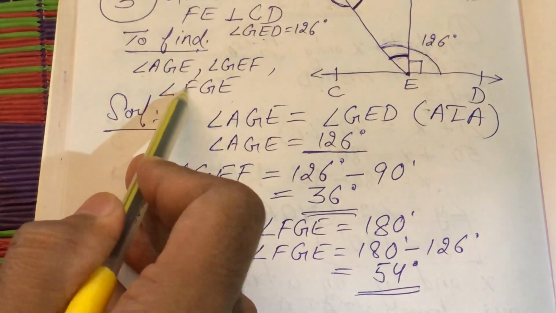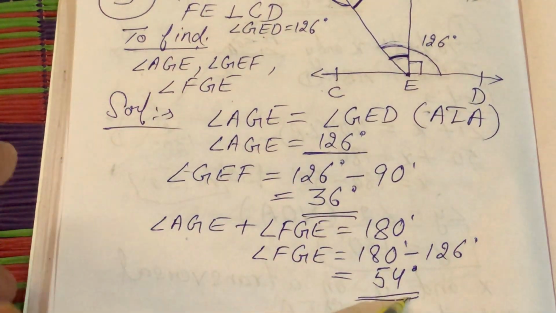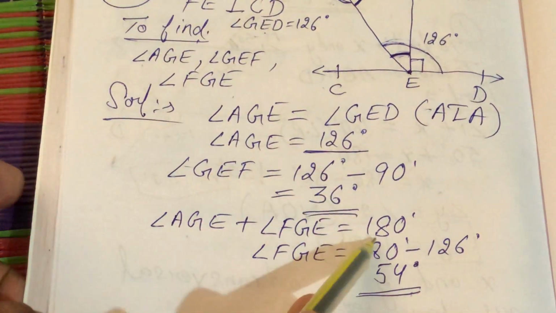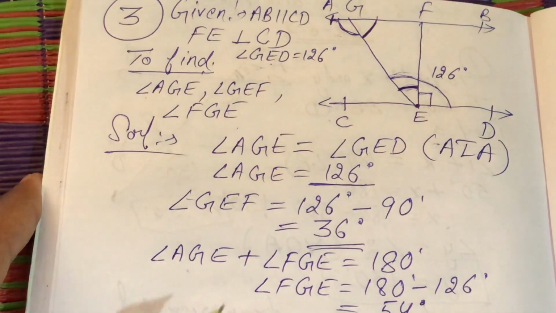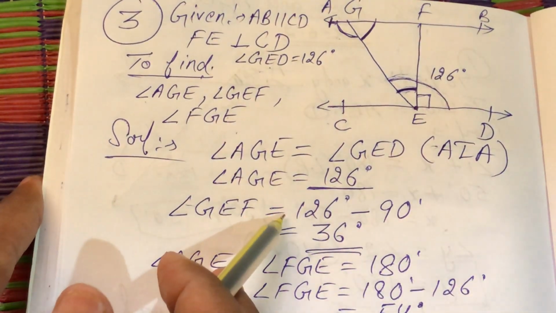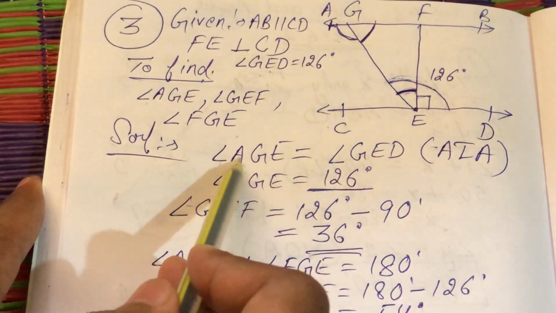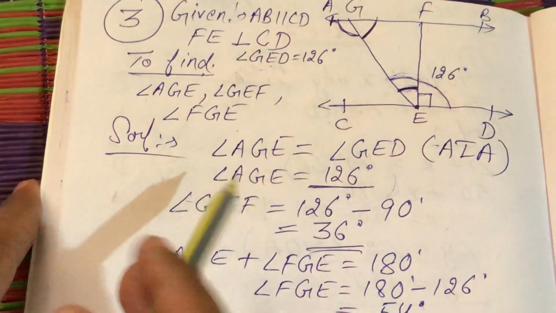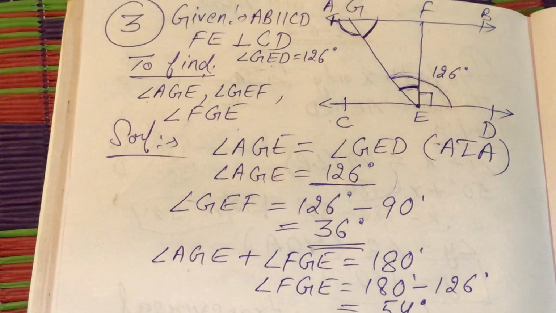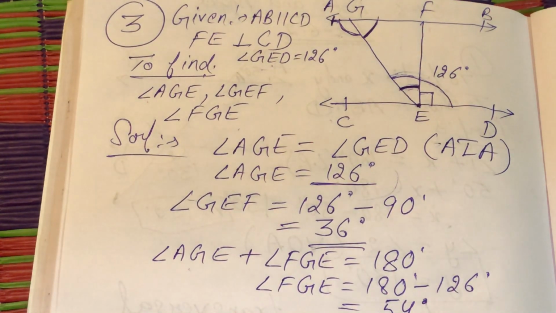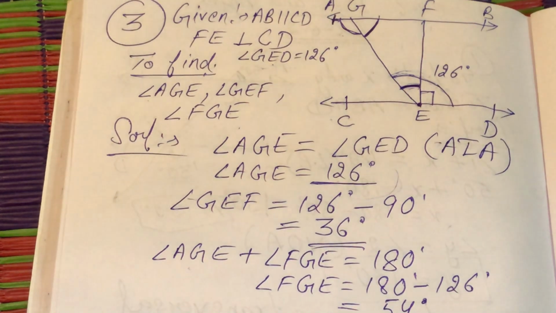The three angles we needed to find out, we have them. You have to highlight your answers like this in your exam also whenever you are solving. You can also prepare a box. In this way you can solve. So try to solve the problems on your own.